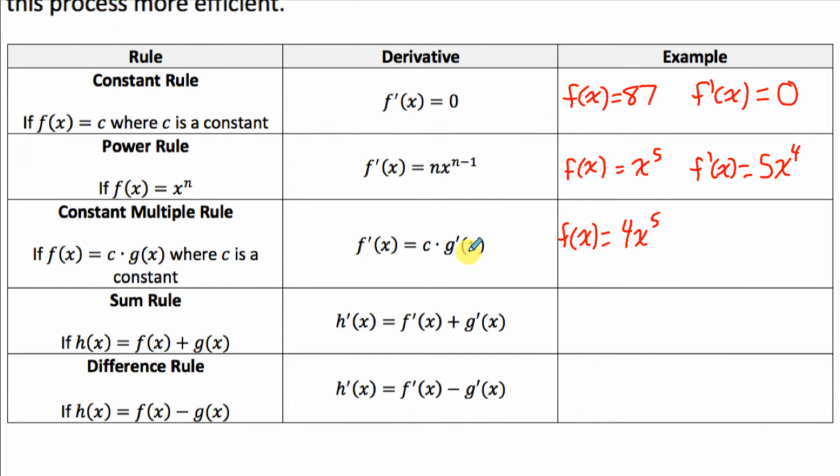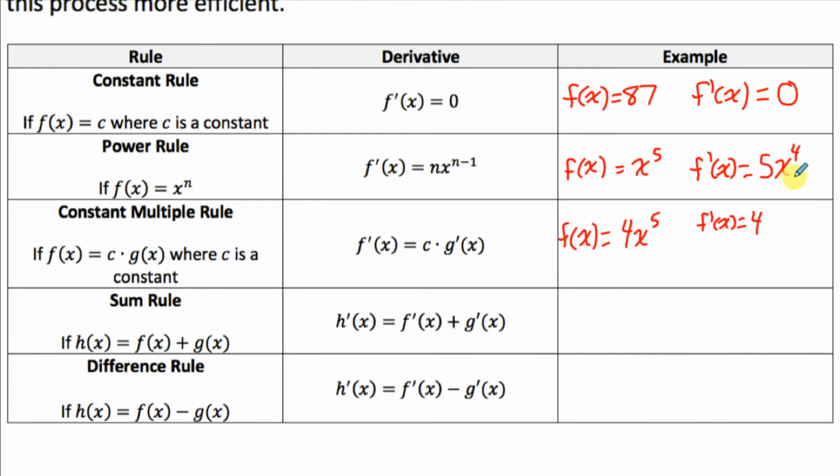Well, it turns out we just differentiate that power, just like we did before, using the power rule, and then multiply that derivative by whatever the constant multiple is. So what I mean by that is, all we have to do is find the derivative of x to the 5 and multiply that derivative by 4. So I'll do 4 multiplied by the derivative of x to the 5. And what's the derivative of x to the 5?